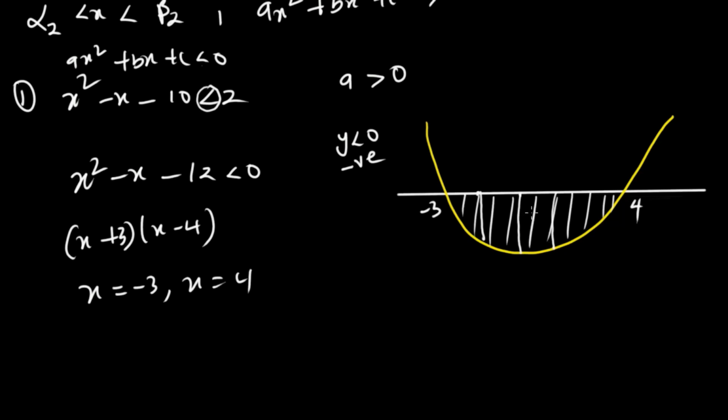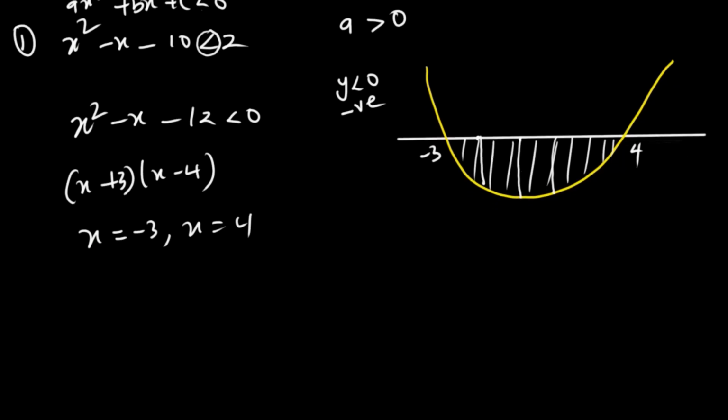And everything below the x-axis is less than 0. So here we know that this particular section of the graph satisfies our inequality. So we simply draw the answer to be -3 less than x less than 4 to be the solution to this quadratic inequality. So if that is clear, we can move to the second example.